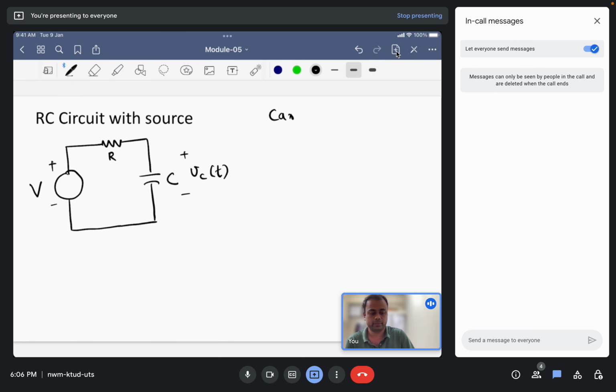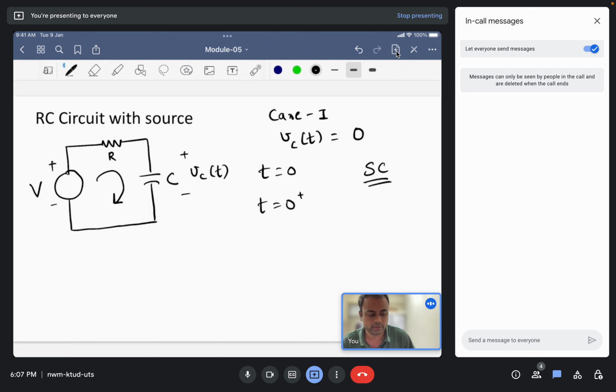Case 1 is when the capacitor is already discharged, that is, an uncharged capacitor that doesn't hold any charge. In that case, at t equals 0 the capacitor will behave as a short circuit, with no potential drop across it. But as t progresses, that is at t equals 0 plus, the capacitor will start to charge and a voltage across the capacitor will start to develop.